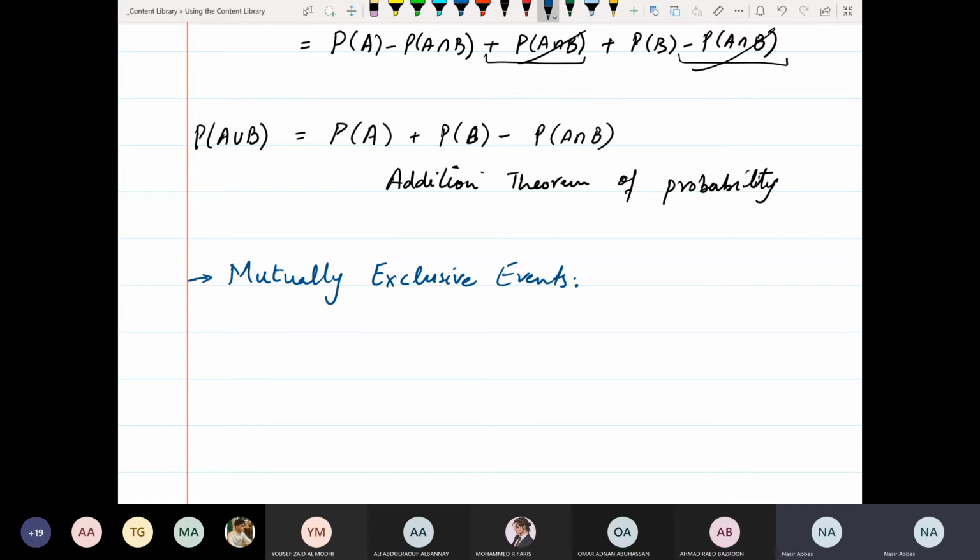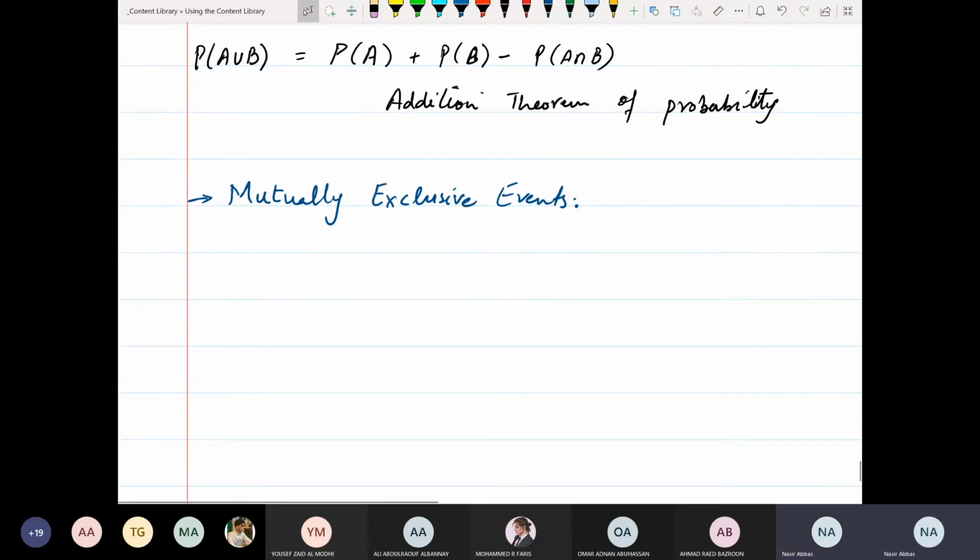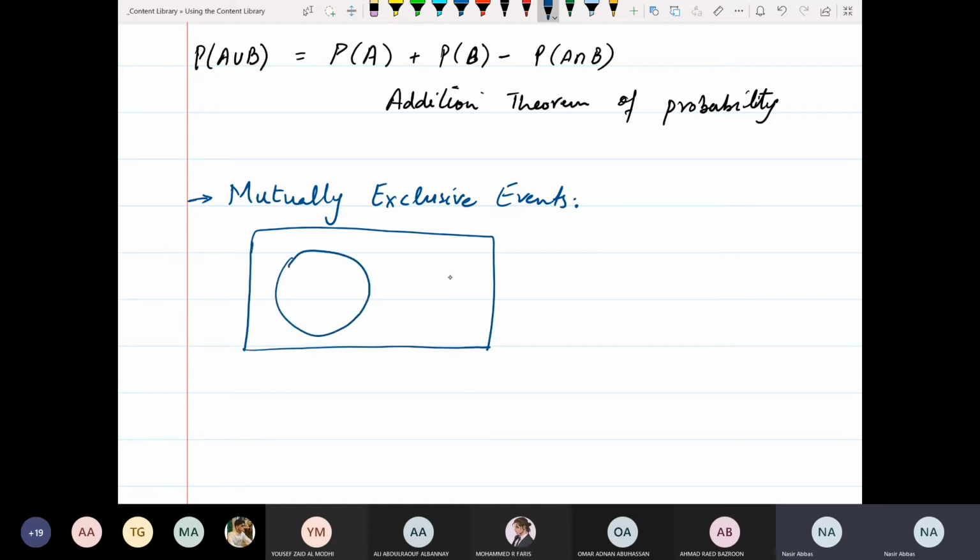When do you say that two events are mutually exclusive? This is a terminology you use when there is no common area between the two events, when the intersection is phi. So the two events are said to be mutually exclusive if they are like what I'm going to draw in the diagram, A and B. No common area, no connection.